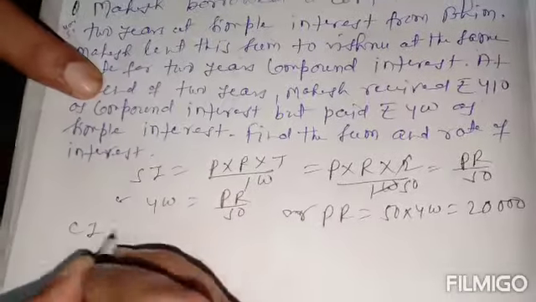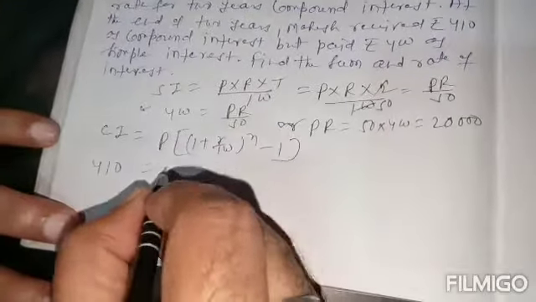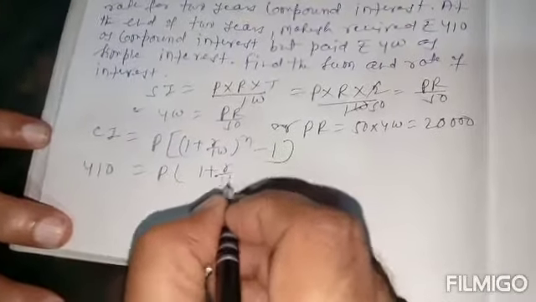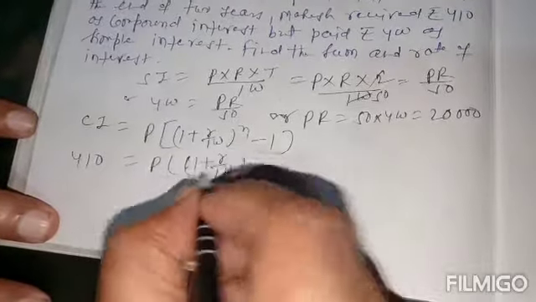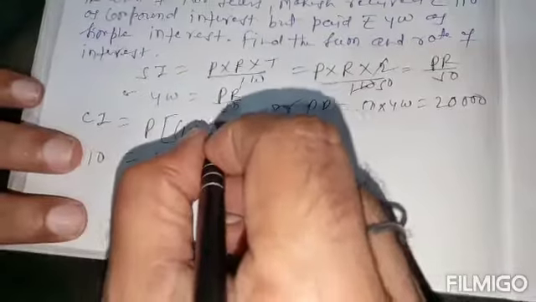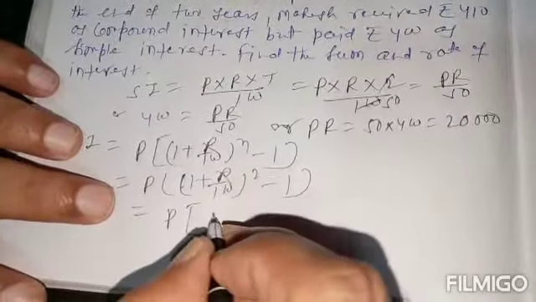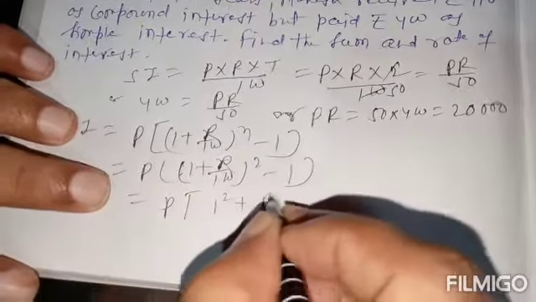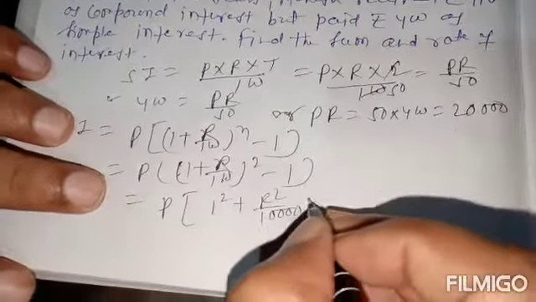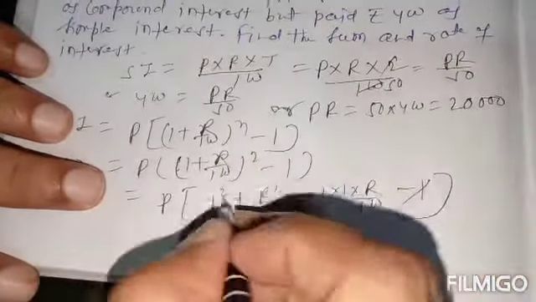Now CI is equal to P times ((1 plus R by 100) to the power time minus 1), and here CI is given as 410. So P times ((1 plus R by 100) squared minus 1). Here R is taken as capital R. Expanding: P times (1 plus R square by 10,000 plus 2 into 1 into R by 100 minus 1), the 1s cancel.